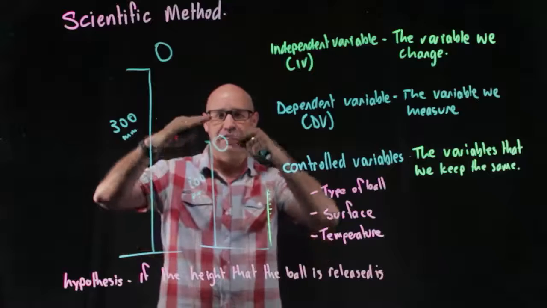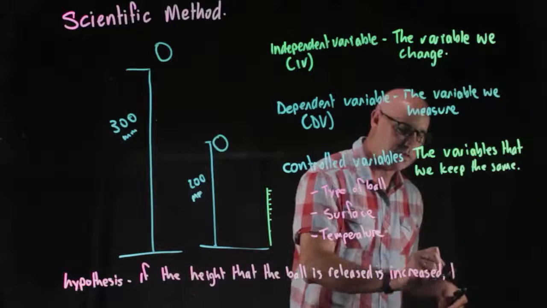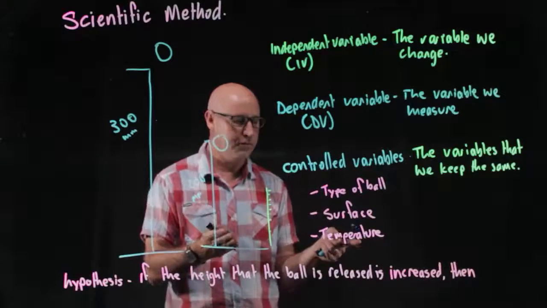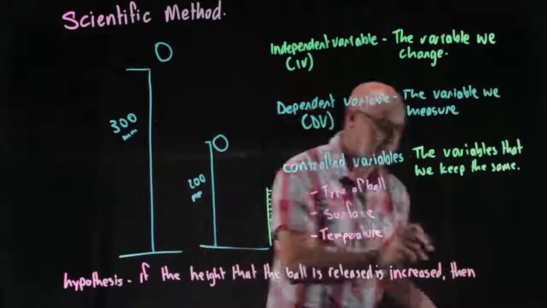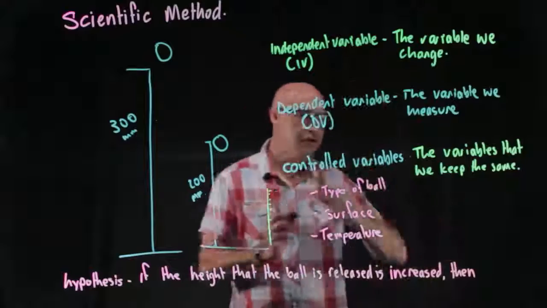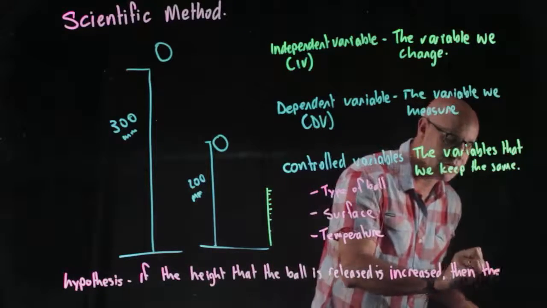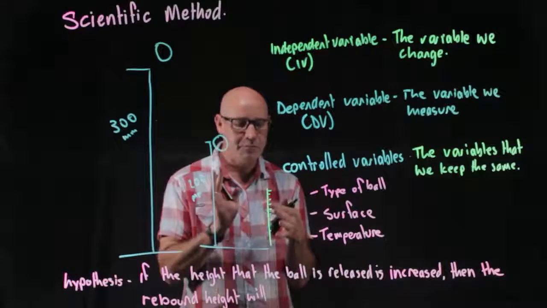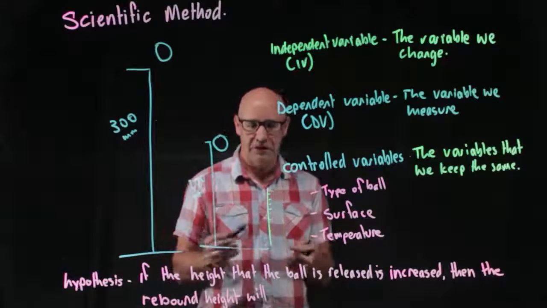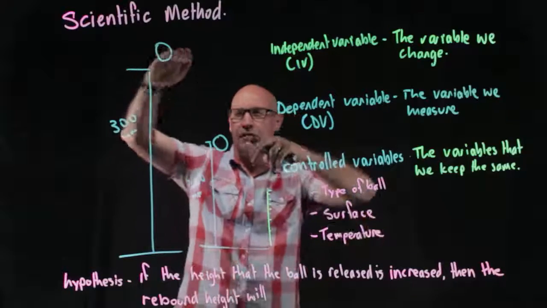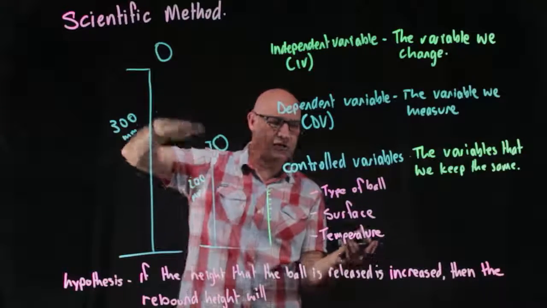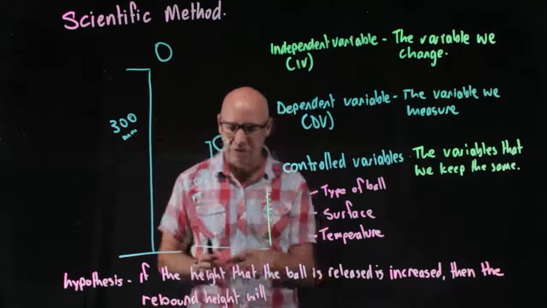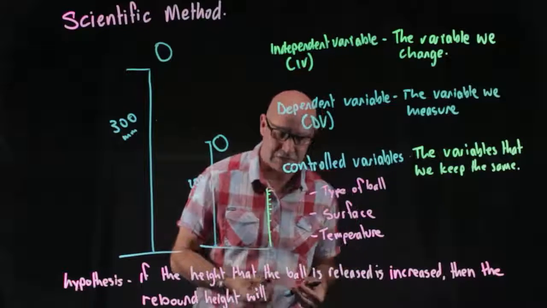So in this case is increased, then this is what we say is going to happen to our dependent variable. Then, and what is our dependent variable? It's that rebound height. Then the rebound height will, now this is where we make our prediction. What's our prediction? What do we think is going to happen? So if we increase the height, then I think it's going to actually rebound more. So the rebound height will increase.